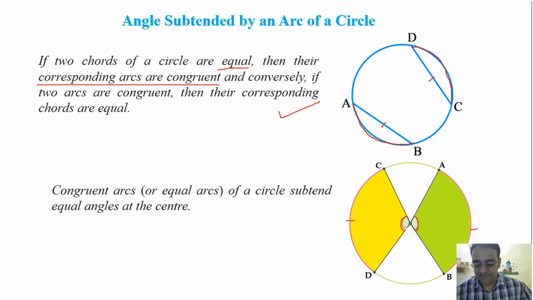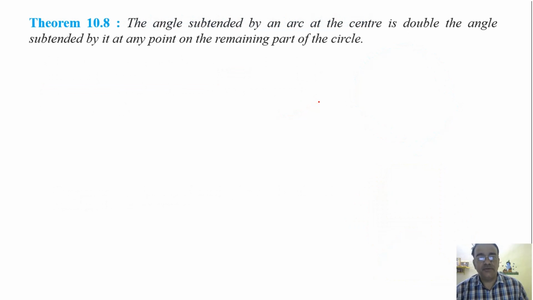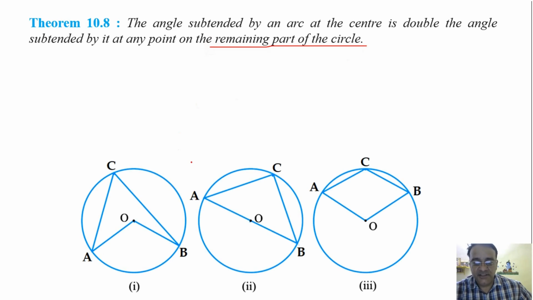Theorem 10.1. Okay, now we are moving towards one of the most important theorems of this chapter, that is theorem 10.8. The angle subtended by an arc at the center is double the angle subtended by it at any point on the remaining part of the circle. Okay, so these are the three situations. First is, see, this angle is the angle subtended by the arc at the center.